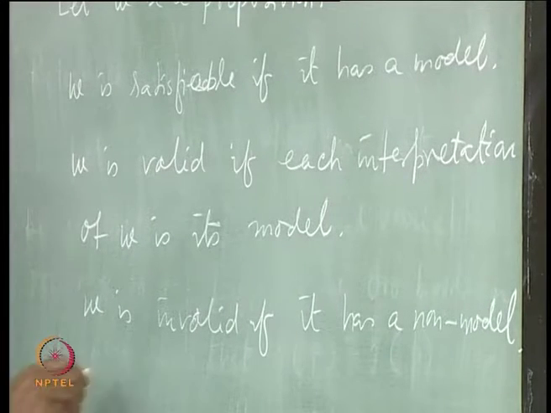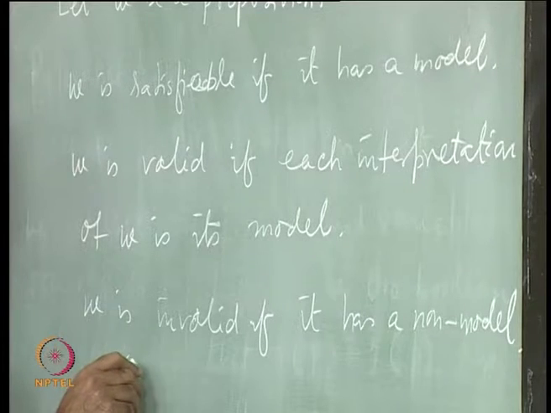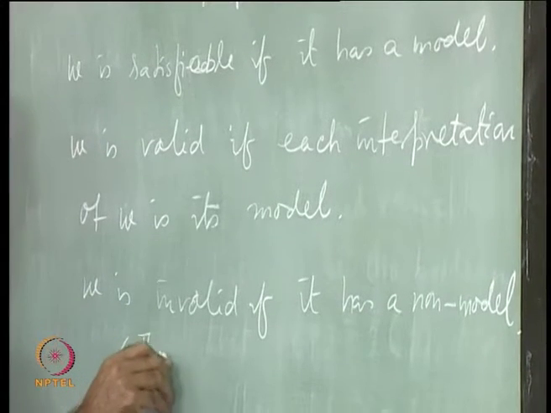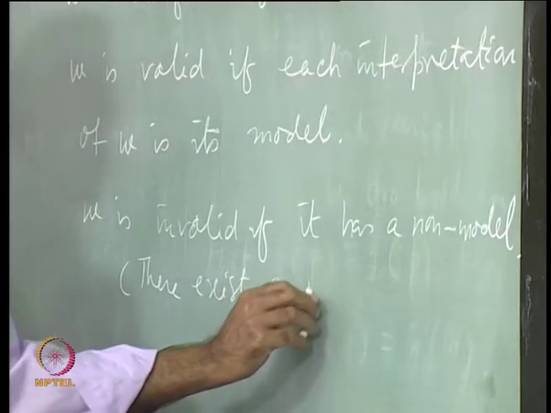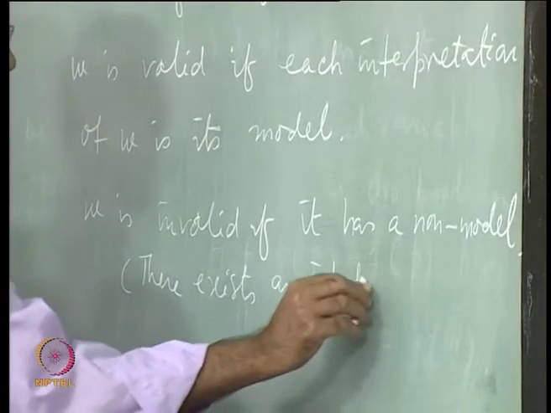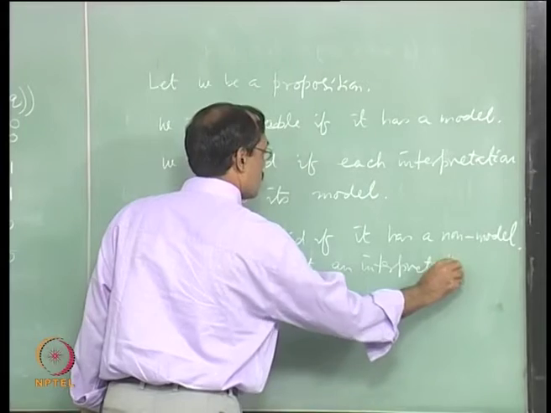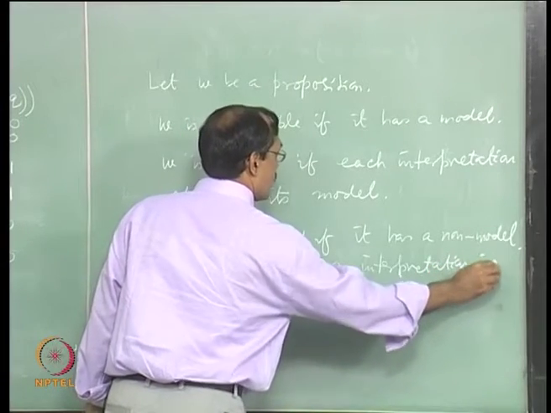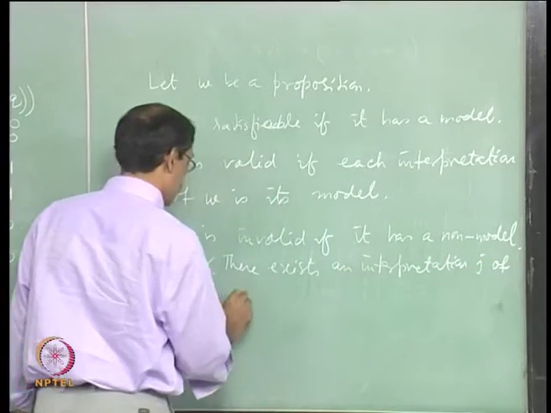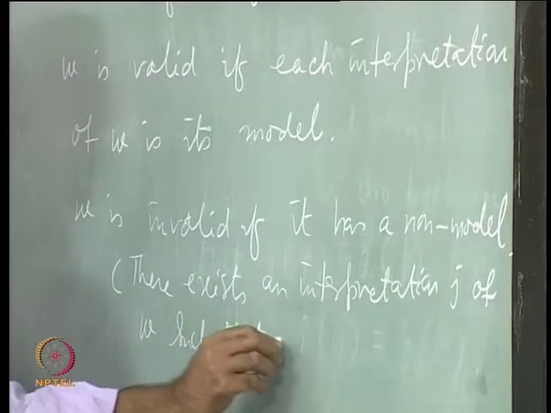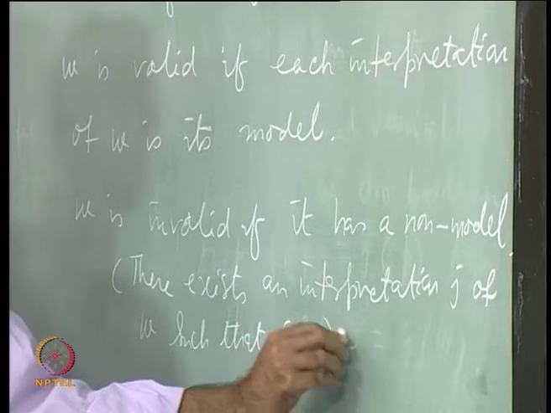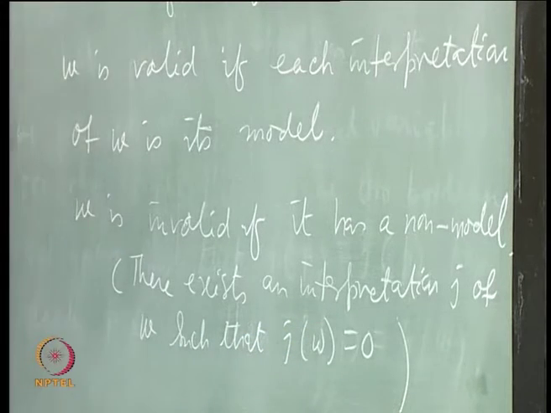Okay, which means there exists an interpretation J of W such that J of W equals 0, that is what it says.